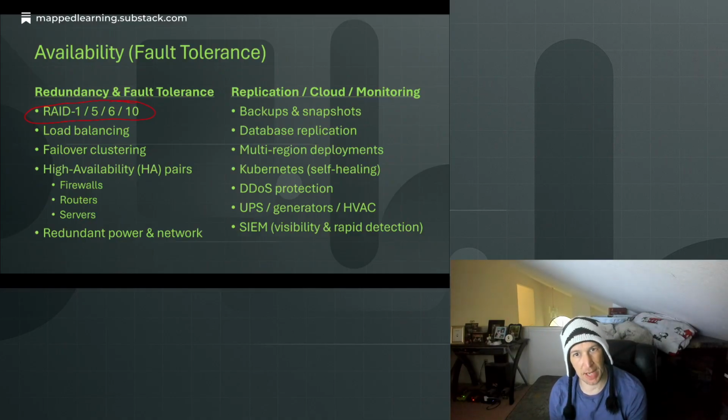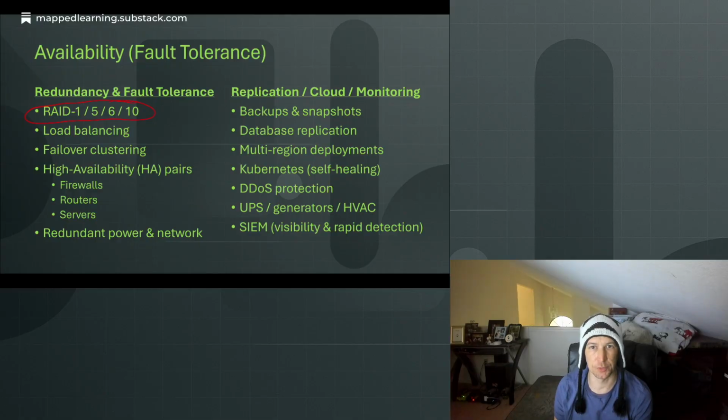So, backups and snapshots. With backups, we usually talk about something very slow, where you're taking a point-in-time backup of a device like a server. When we talk about snapshots, we're usually talking about virtual machines. Yes, I will talk about that in another lesson.